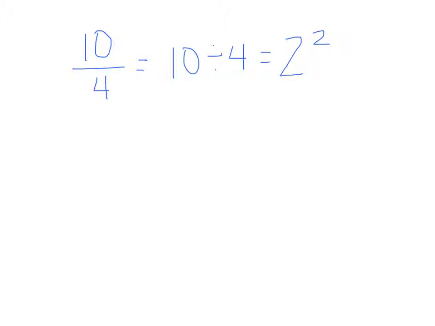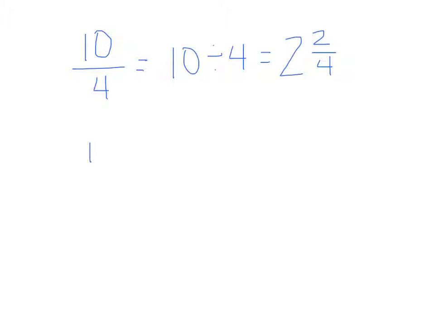Now let me just show you mathematically, without drawing all the pictures, another couple of fractions. Let's start off with 10/4. 10/4 is the same thing as 10 divided by 4. 10 divided by 4, we can pull out 2 wholes, and then we have 2 that are left over.